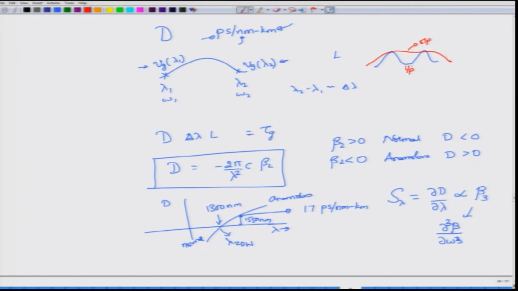So, you can't really distinguish one pulse from another pulse, and if you look at an eye diagram, you will see that the eye diagram would be completely closed. So, you do not really see the system out there because of what is called intersymbol interference. This interfering of one pulse with another pulse because of the broadening is called intersymbol interference, and that is the major effect of dispersion in communication systems.